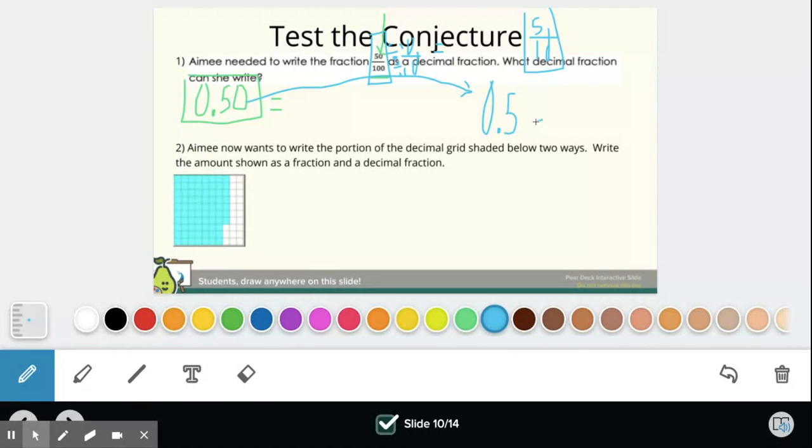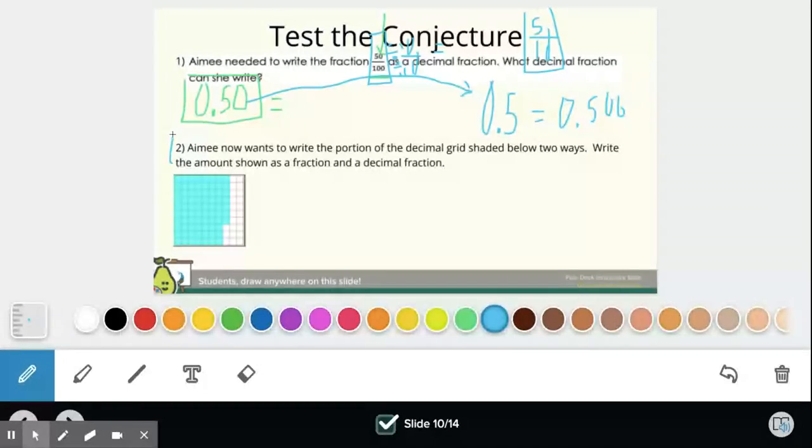Another one that is equal is 5 thousandths. And if we were to write 5 thousandths as a fraction, that would be 500 over 1,000. I believe this concept, when we multiply and divide, was in lessons 4 and 5, so it's definitely some of the earlier lessons that we did in Unit 1.